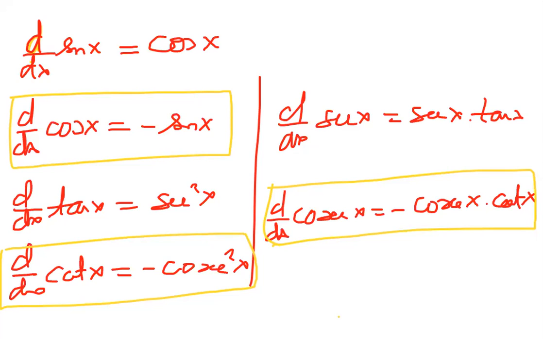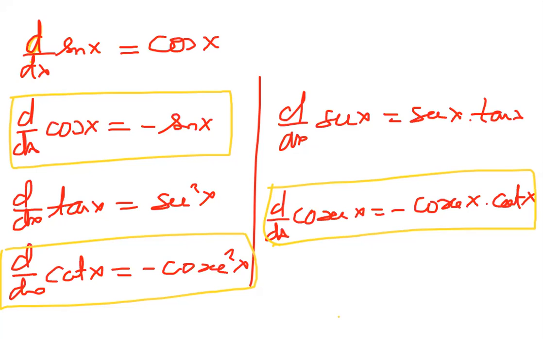So once more, we try to remember them. Differentiation of sin x will be cos x. Differentiation of cos x will be minus sin x. Differentiation of tan x will be sec square x. Differentiation of cot x will be minus cosec square x. Differentiation of sec x will be sec x tan x. Differentiation of cosec will be minus cosec x cot x.